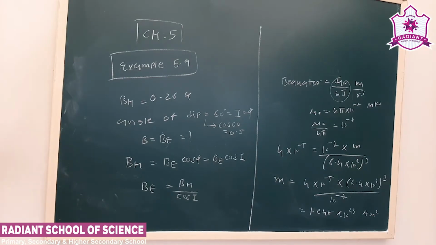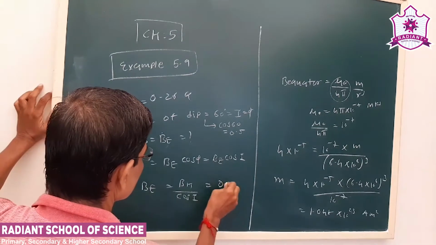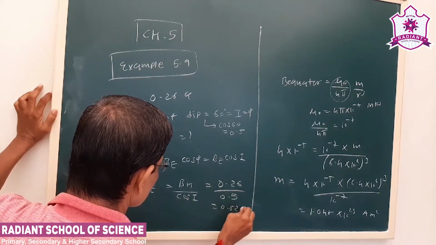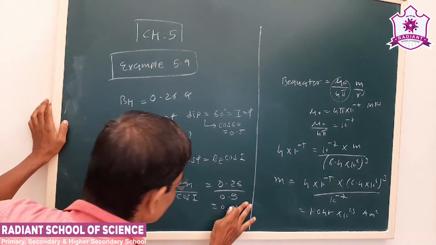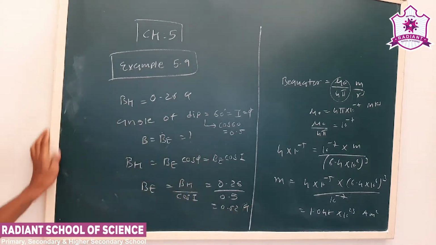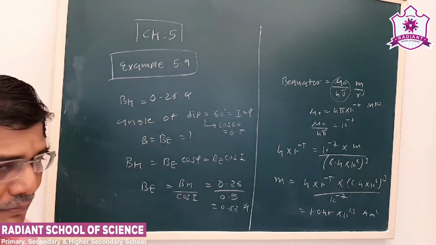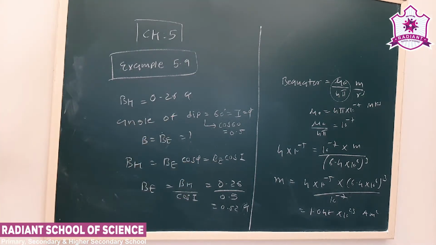So you can substitute the value. The answer we keep in Gauss only. Here BH is given in Gauss, so the final answer can also be kept in Gauss only.